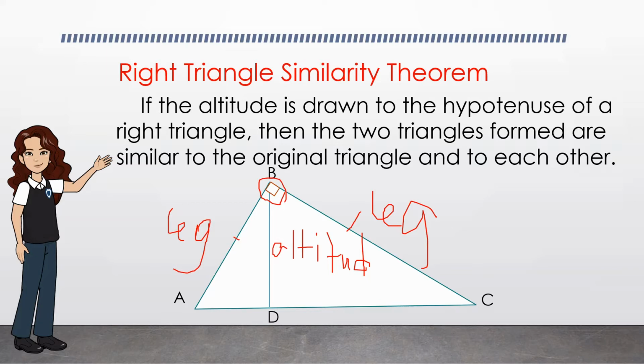This is a hypotenuse. This side is called hypotenuse. And then, always remember, the opposite of the hypotenuse is the right angle. The opposite of the right angle is the hypotenuse, the side.